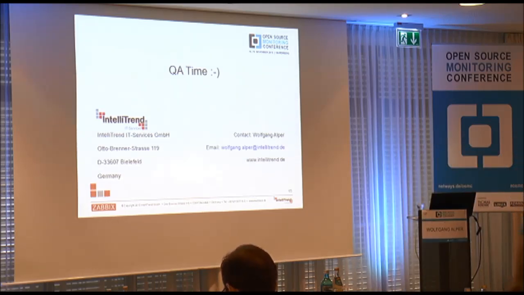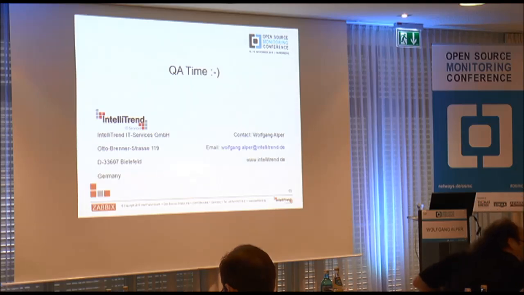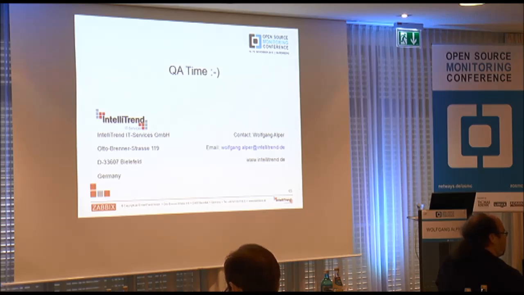Hi, regarding the web checks, you talked about scenarios. Is it possible to do several requests to the web server inside a scenario? Yes, you can define as many steps as you would like to, and you can make it dependent on the previous result.